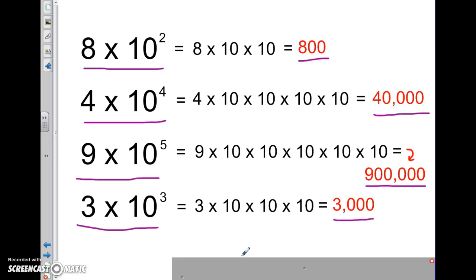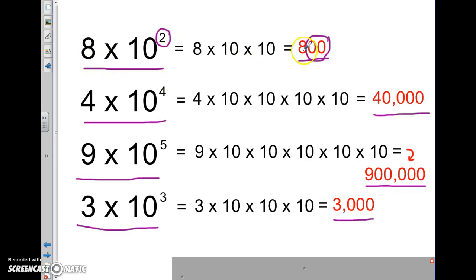Hopefully what you've seen, and you may have some other things that you've noticed that you can share in class tomorrow, is that the number of zeros in the product is the same as the exponent in the problem.